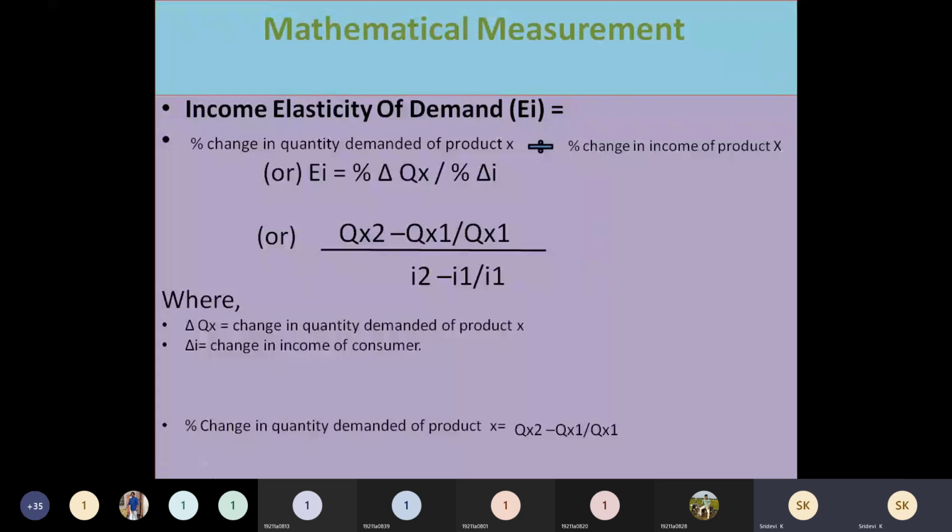So Qx1 indicates quantity before change of income. You must be careful here while writing this. Before change of income. Qx2 is quantity after change in income.